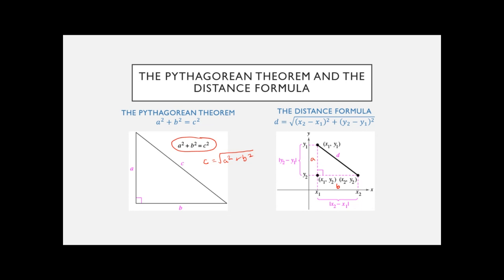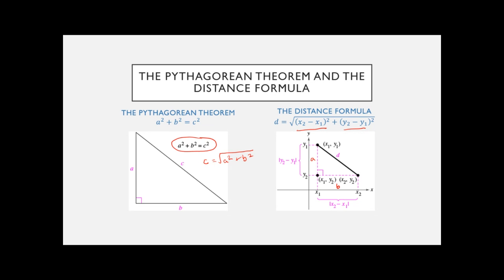How long the leg A is is basically the difference in y values, because the x value is the same for A. So that's where we get this y2 minus y1, and that gives you the distance A. Then you square it, because that's part of the Pythagorean theorem. And the same thing with B: how long that leg is is just the difference in x values, because the y doesn't change. So that gives you your b squared.